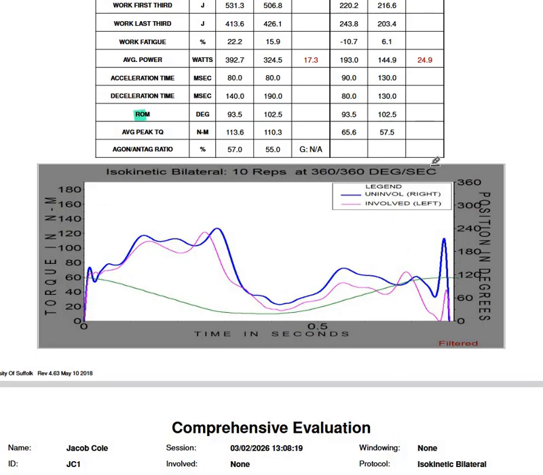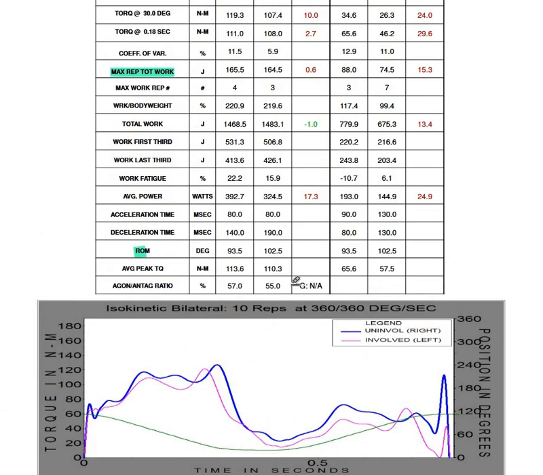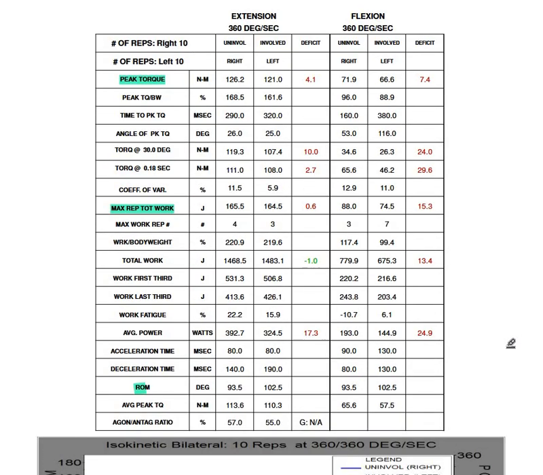So if, as you see on the dynamometer screen when we're performing a test, you see just a torque time graph, that is angular impulse. However, if you also have position factored in, then depending on which unit you want to multiply torque by, be it time for angular impulse or the position, the range of motion for work, then yes, this can be defined as the area under the curve, but it depends what you're multiplying the torque by. Just to clear that up in case there's any confusion.